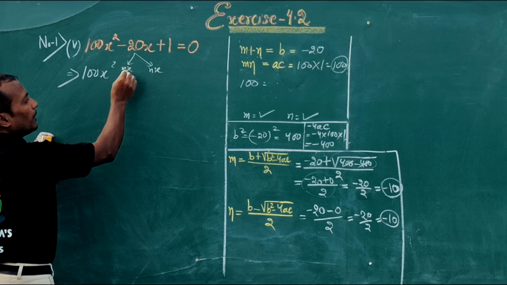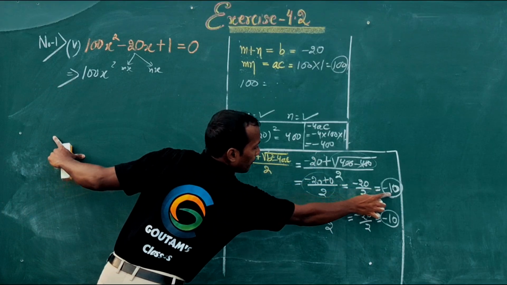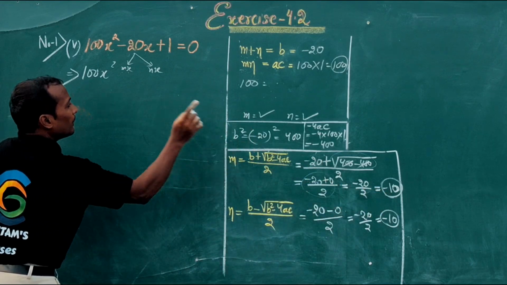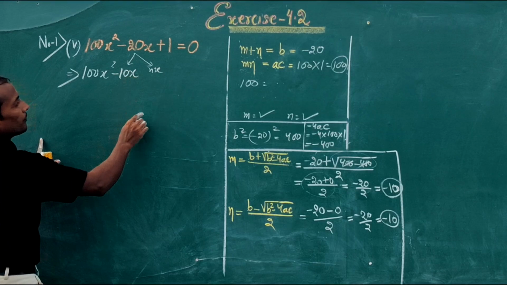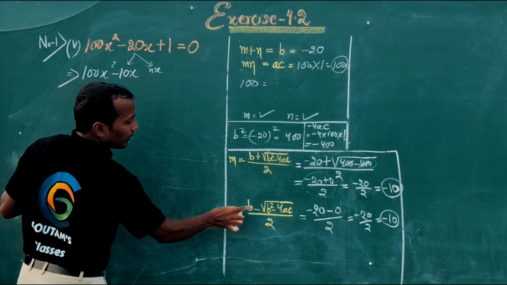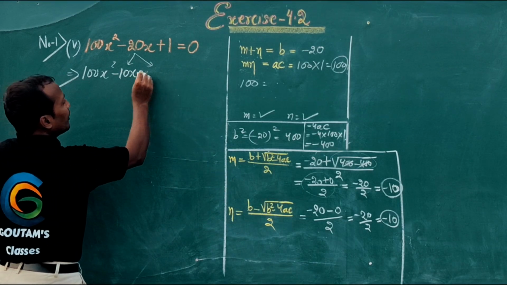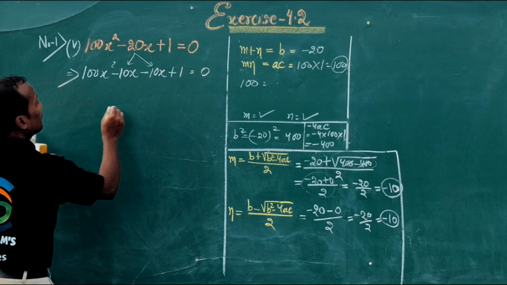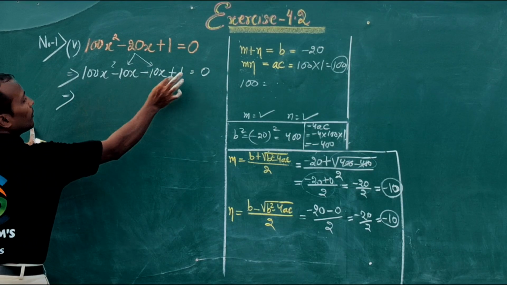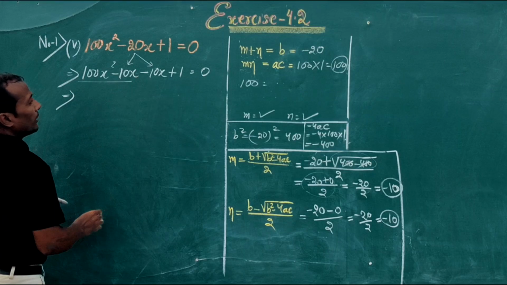So in place of mx, I will write minus 10x because m is minus 10. Now in place of nx, n is minus 10, so nx means minus 10x, plus 1 equals 0. Now we have four terms. These two make the first group.